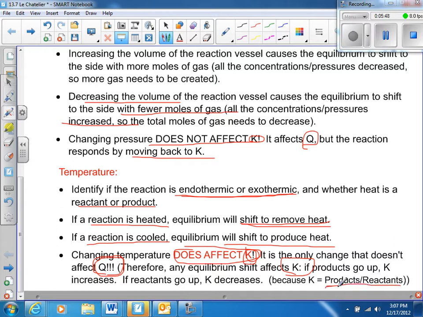If we make more products, if we shift to the right, K goes up. If we shift to the reactants, shifting to the left, I'm trying to underline reactants over there. If we go left, then K decreases because reactants are in the denominator of the equation for K.